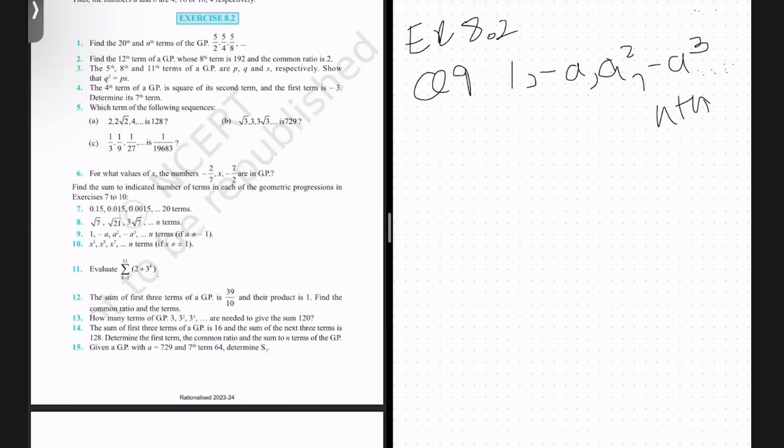Interestingly, we have also been told that a is not equal to minus 1. Now, why is this important? Why is this of concern here? Because if you see the formula for the Sn, which represents the sum until the nth term, you find out that in the denominator you have 1 minus r, and if r, which in this case is a, equals minus 1, then that is going to be of concern to us.